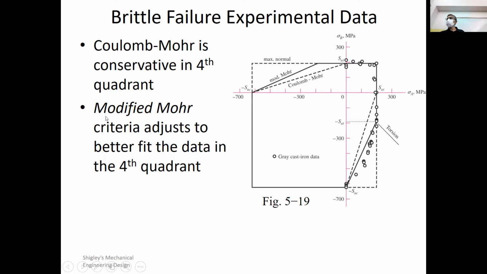To be more accurate, the modified Mohr said, no, we're going to continue that vertical line until a case of pure torsion. So this diagonal line represents pure torsion. Where they intersect, we're going to stop, and then we're going to draw this line to connect these 2 points together.